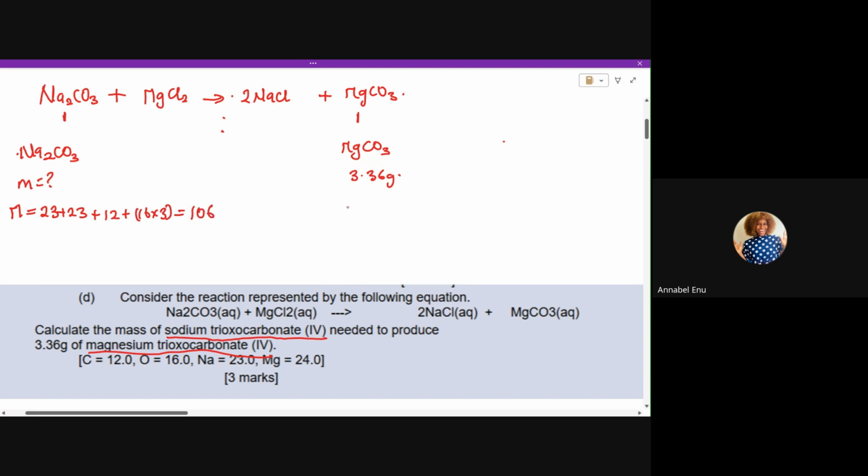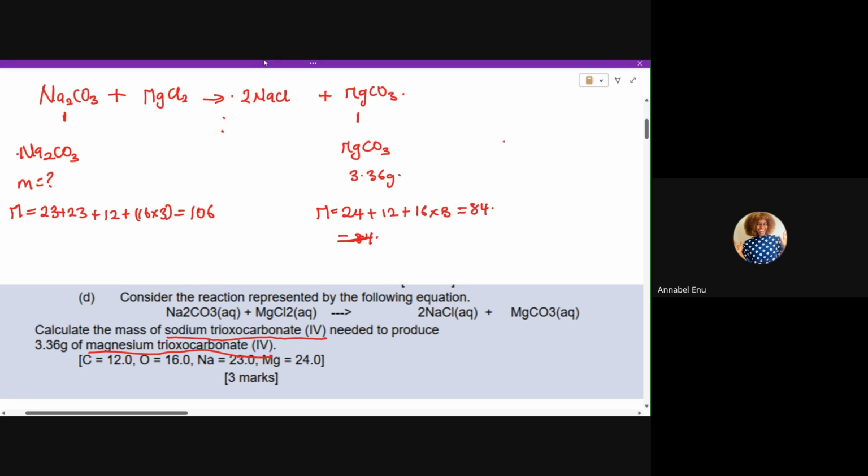And then for magnesium tricarbonate, the molar mass for one magnesium is 24. So we have 24 plus 12 plus 16 times 3. That gives us 84. Now this is our molar mass.